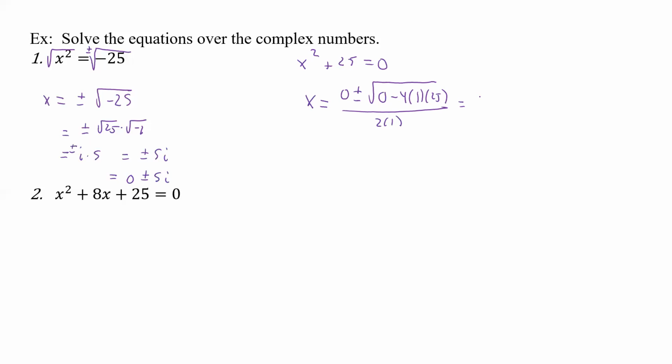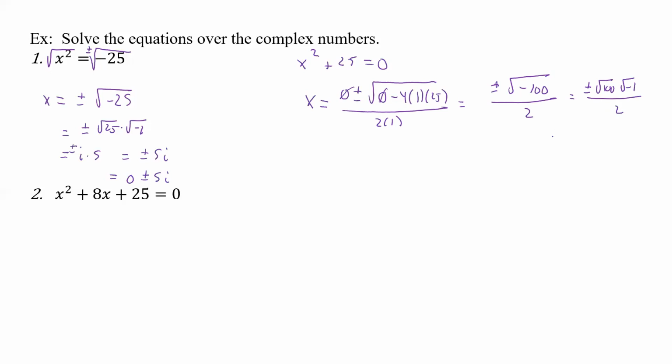Okay, so what does that give me? Well, 0 minus 4 times 25 is 100. So basically, that's gone. That's gone. So I have plus or minus the square root of negative 100 all over 2. Well, what does the square root of 100 equal? That's going to be plus or minus the square root of 100 times the square root of negative 1 all over 2.